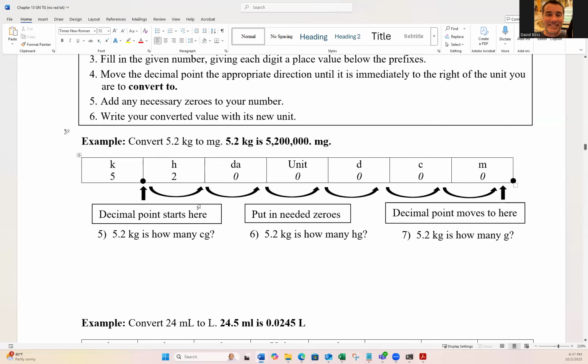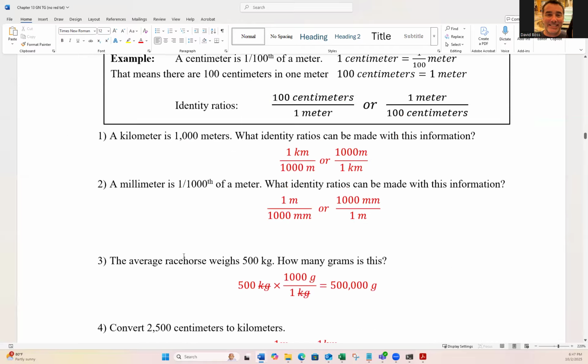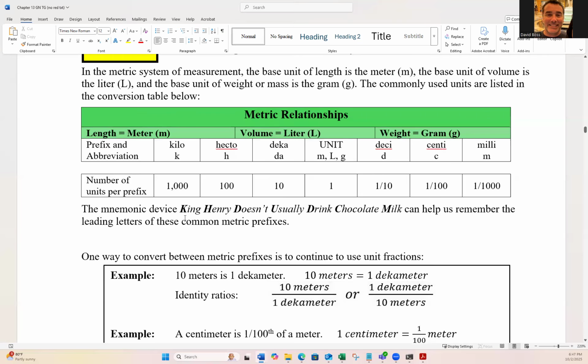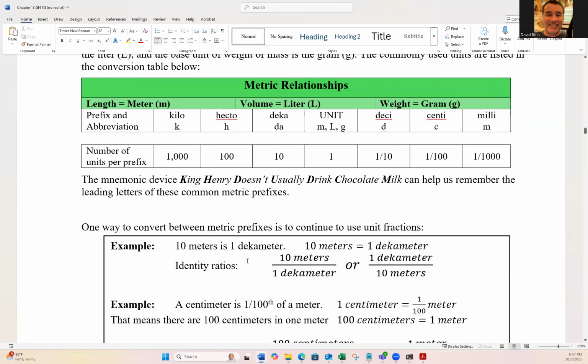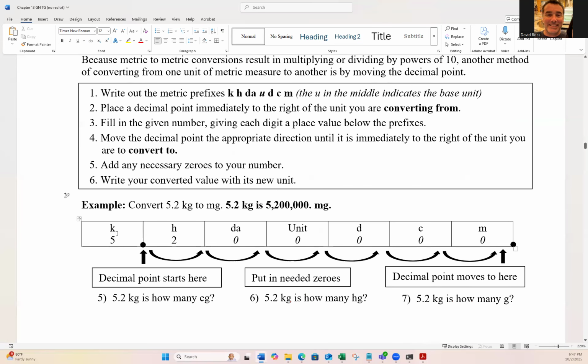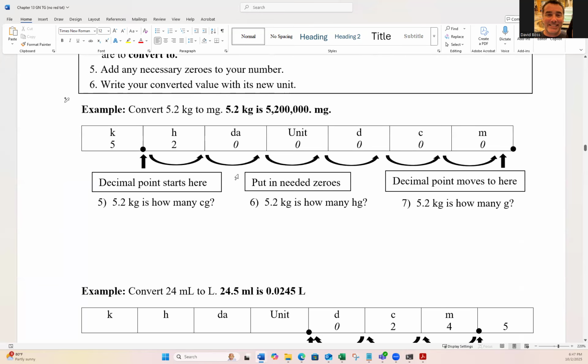So this is where that mnemonic device comes in. King Henry doesn't usually drink chocolate milk. King Henry doesn't usually drink chocolate milk. So by using that, you can just move this way, or if you're going to a bigger unit, you would go this way.